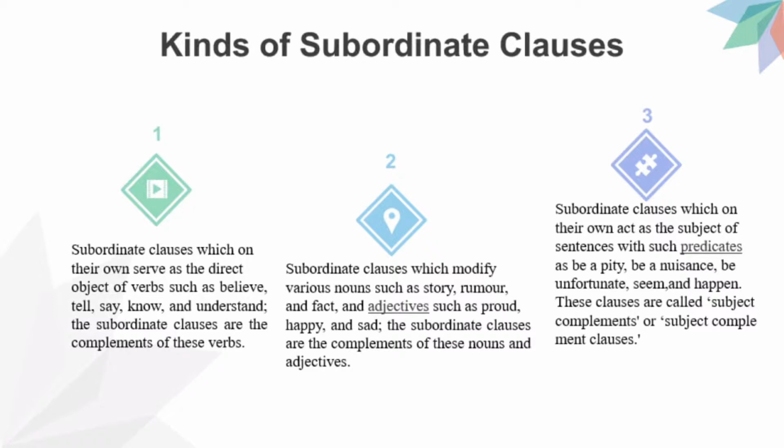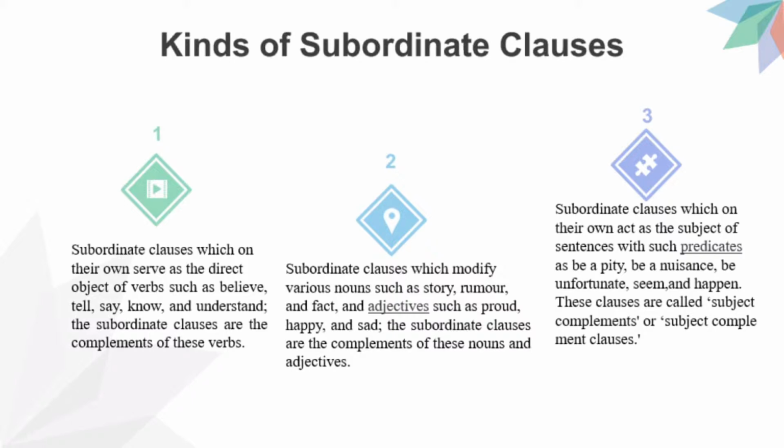Subordinate clause which modify various nouns such as story, rumor, and facts, and adjectives such as proud, happy, and sad. The subordinate clause is the complement of this noun and adjective.